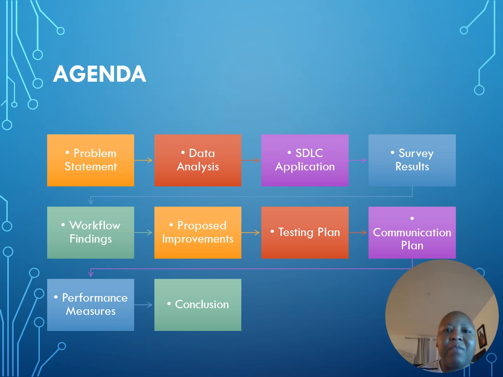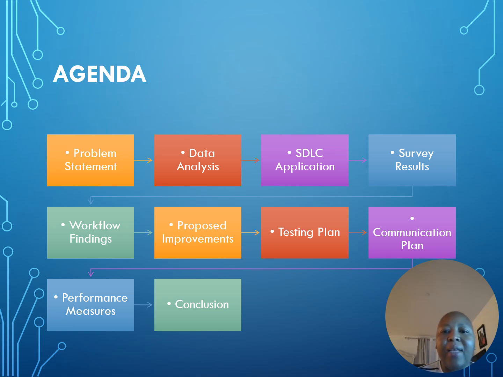This slide gives a quick, friendly overview of what the project will cover, from identifying the main problem and reviewing our data and survey feedback, to examining workflow issues and applying the SDLC steps.